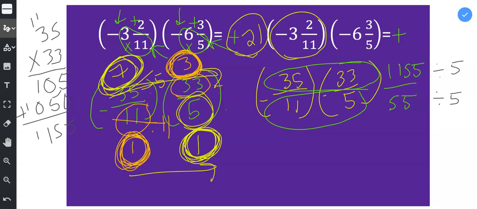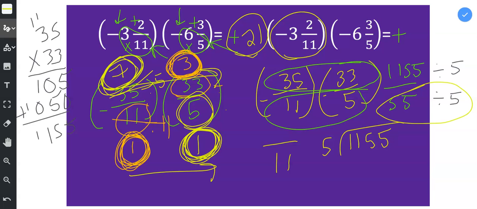So I know that 55 divided by 5 is 11. And then 1,155 divided by 5, I do not know what that is. So let's see. 5 goes into 11 twice. 5 times 2 is 10. I subtract. Bring down the 5. 5 goes into 15 3 times. 3 times 5 is 15.